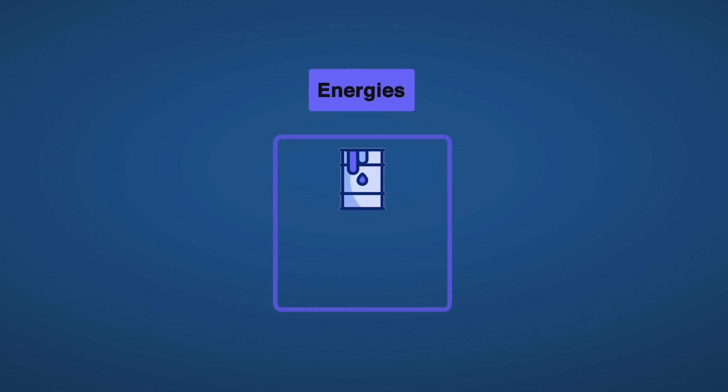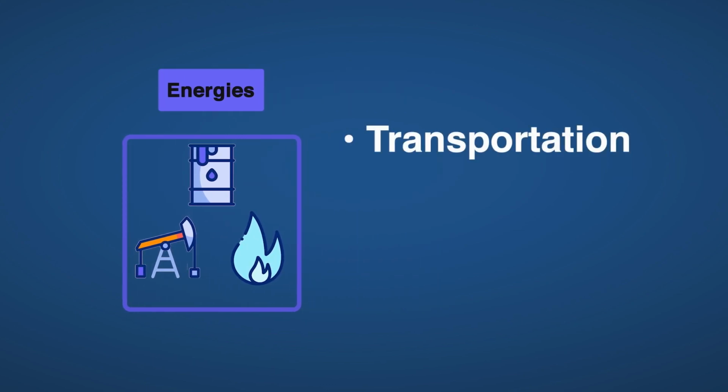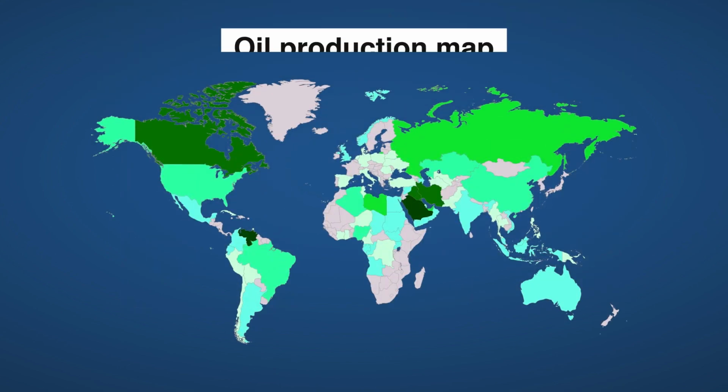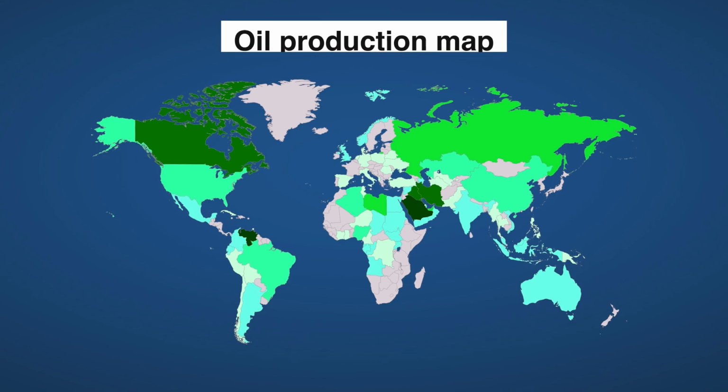And finally, energies. Oil and gas currently drives the world and is needed for almost all our current needs, from transportation and heating to industry, and even household products like lipstick. What countries produce oil and gas, and what is happening to those countries which can affect supply?